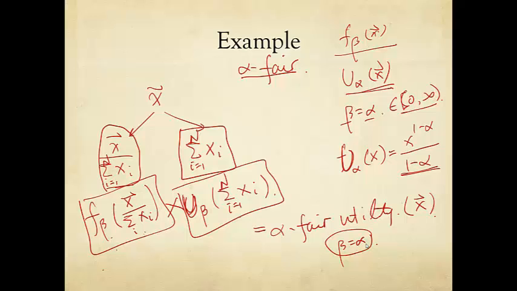In fact, it's precisely because alpha is already used in the alpha fair utility function that we decided to pick the symbol beta to parameterize our fairness function. But in the range of 0 to infinity, let alpha be beta. And it turns out that alpha fair utility acting on the vector x can be decomposed or factorized into two multiplicative components. The first only cares about distribution, the other only cares about efficiency.